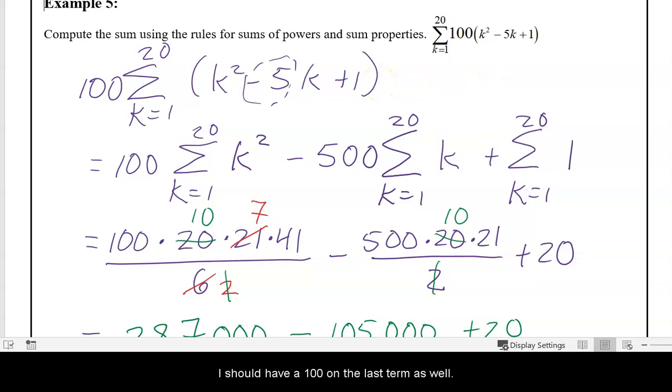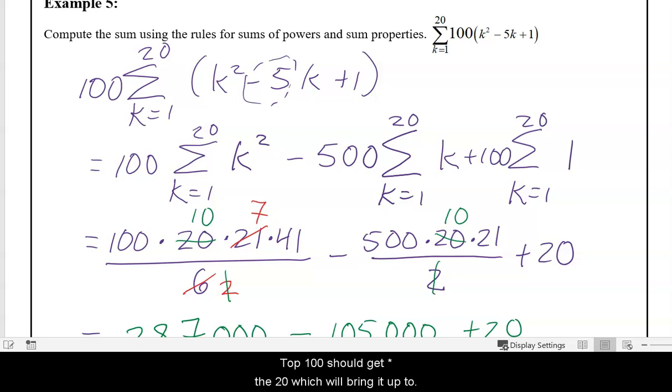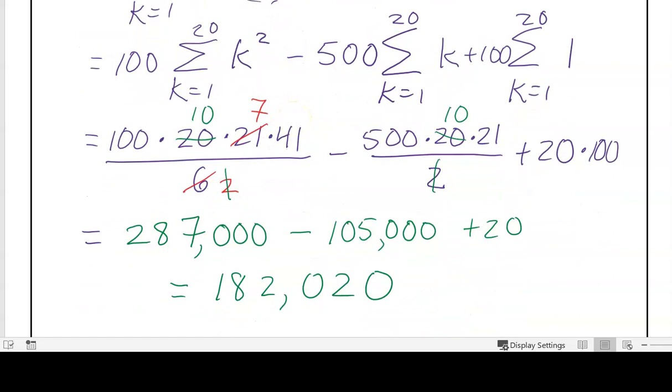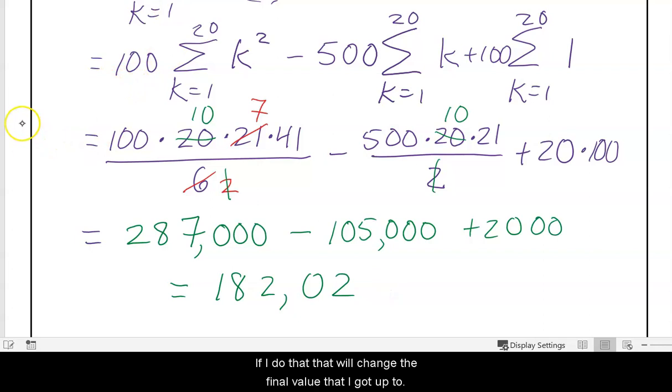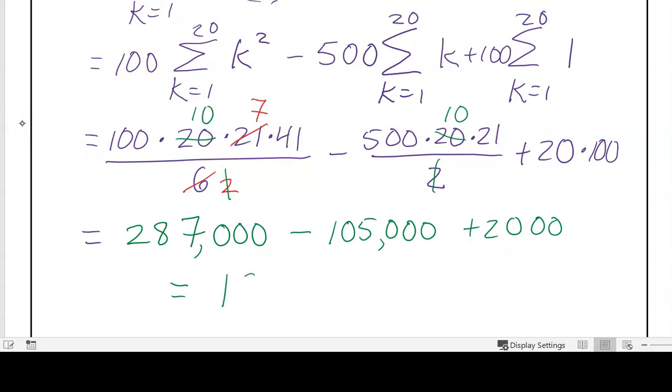I should have a 100 on the last term as well. That 100 should get multiplied by the 20, which will bring it up to 2,000. If I do that, that will change the final value that I got up to 184,000. Is that what you got?